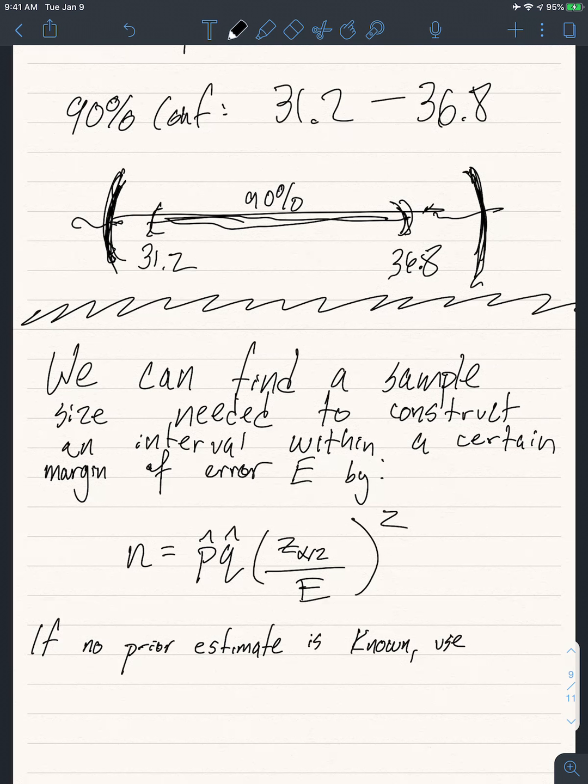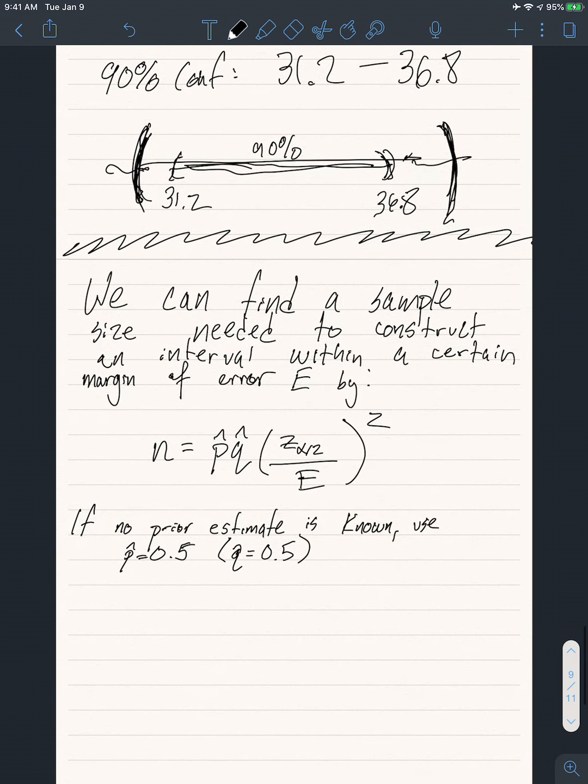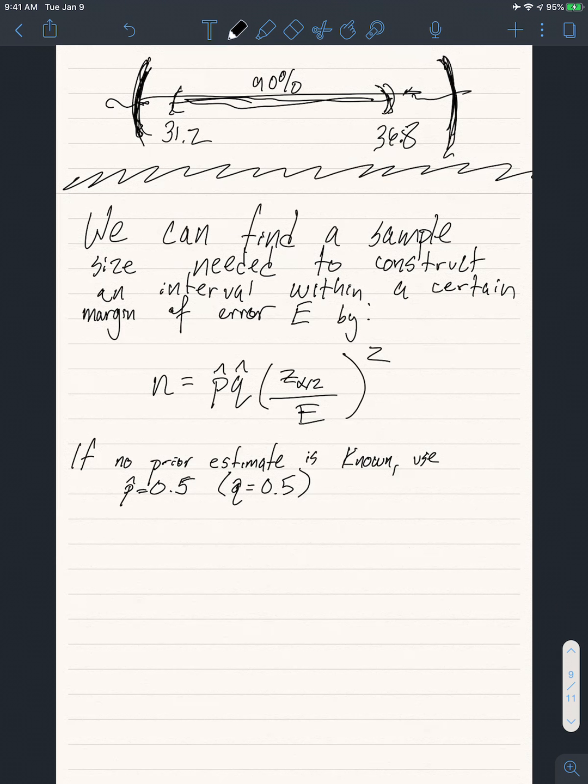Use p hat equal to 0.5, which would make q hat equal to 0.5 as well, right? If p hat is 50%, q hat will be 50% as well.